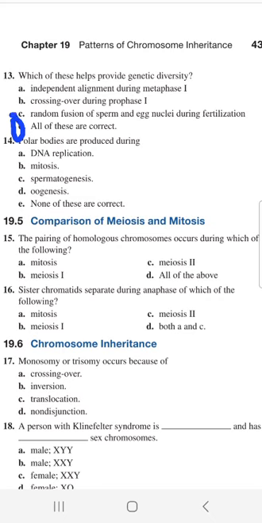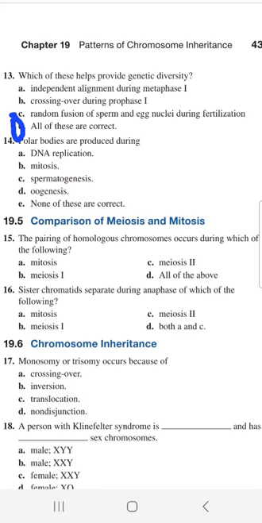You can't decide each time that this sperm with these genes is going to fertilize this egg with these genes. No, it's just random. You don't know which egg will undergo fertilization with which sperm.